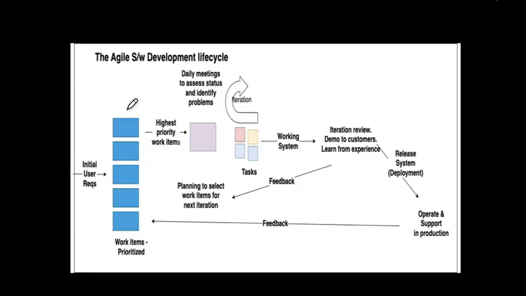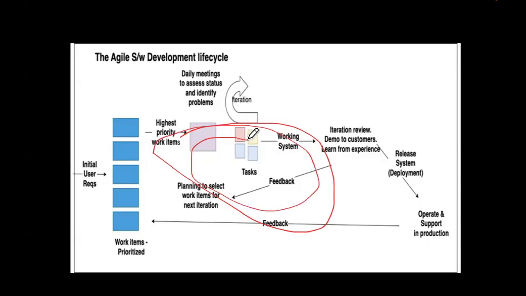We've done our user requirements analysis, so we have a list of user requirements and we've prioritized them from the most important to the least important. This agile approach has two characteristics. It's an iterative approach, so we go through this sequence iteratively, many times.